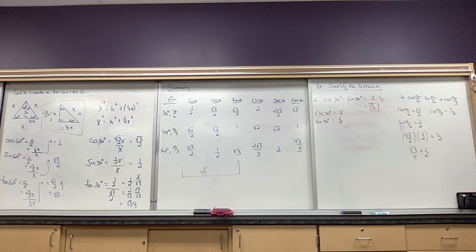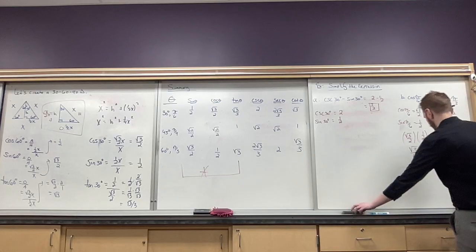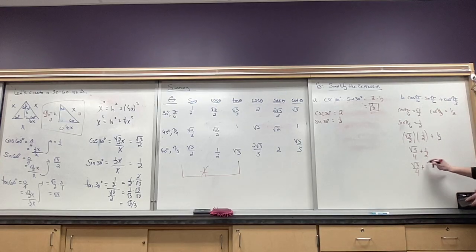And then, finding common denominators, this would be 4 over 2? Nope, not 4 over 2. Oops, 2 over 4, I meant to say. Which becomes 2 plus square root of 3 over 4. So there's my final answer for that one.